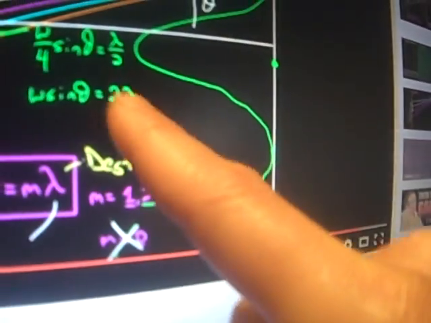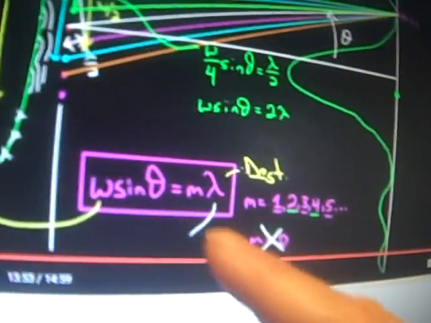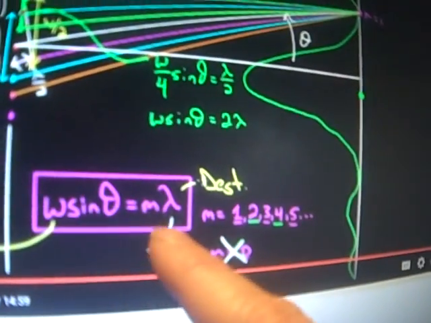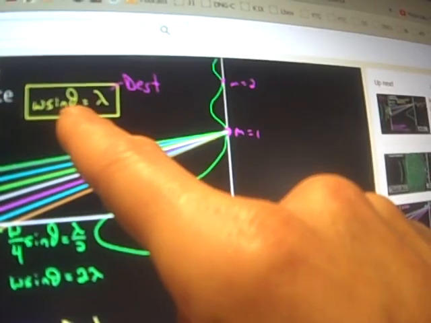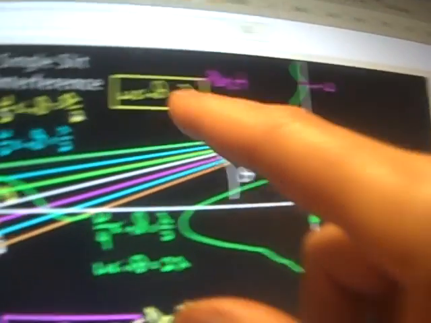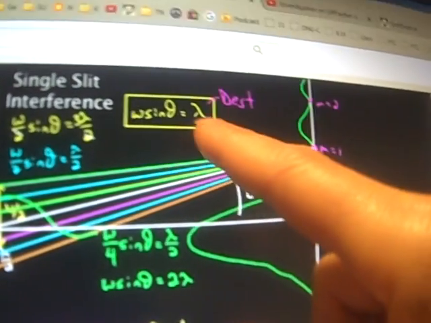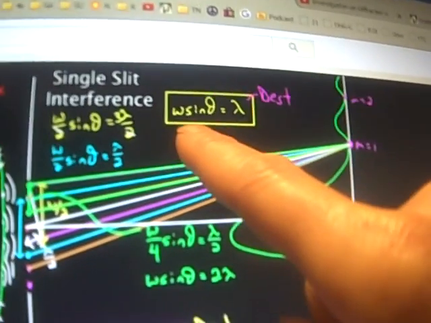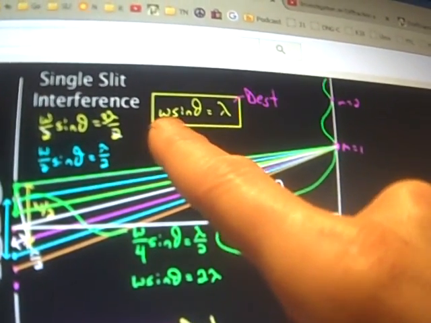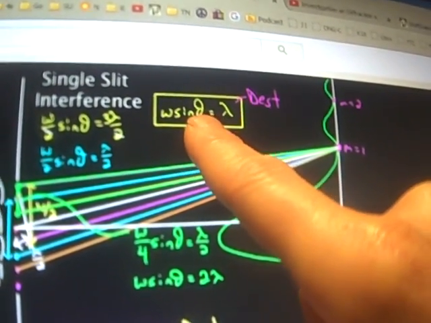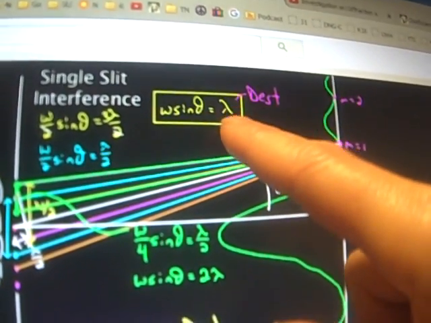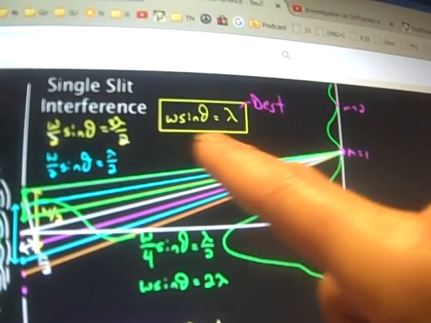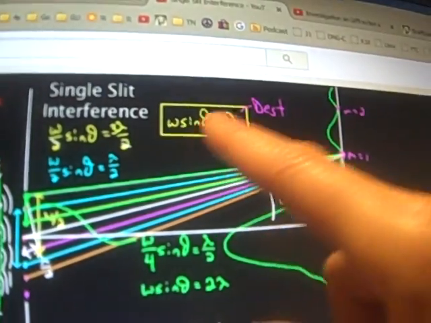Wherever the place is where you wrote that, right up here: W sine theta equals the wavelength. So if this W was a little bit bigger, and you did the sine of a very, very small angle, you would get a little bit of a cutoff of this that would equal that.